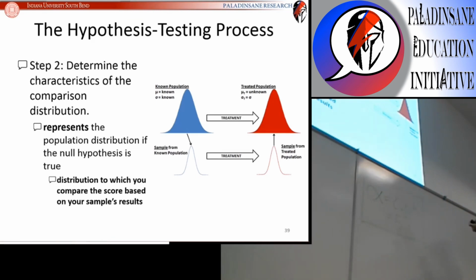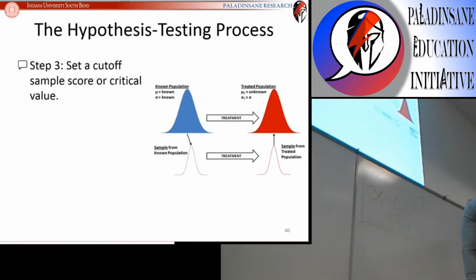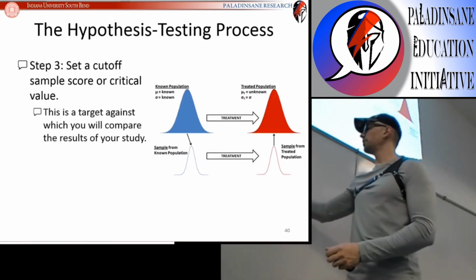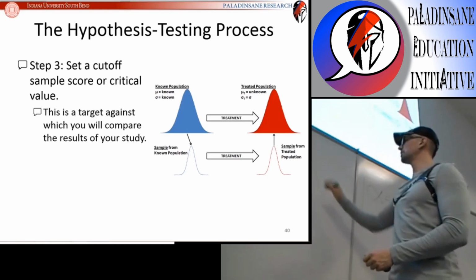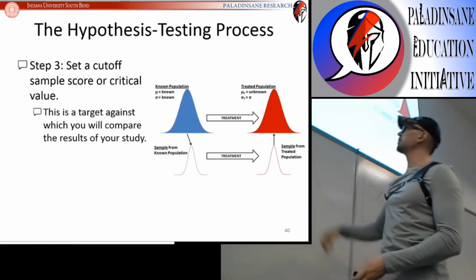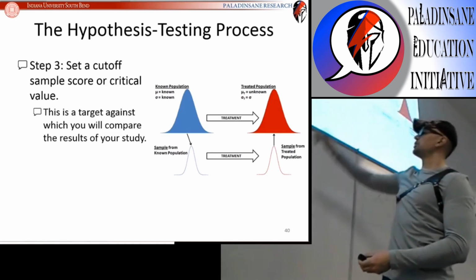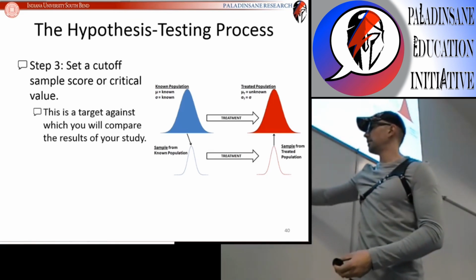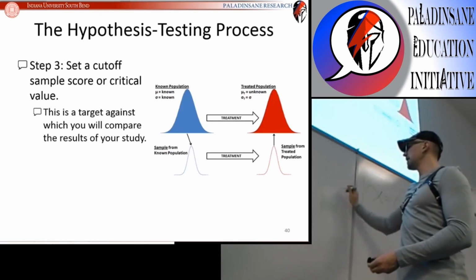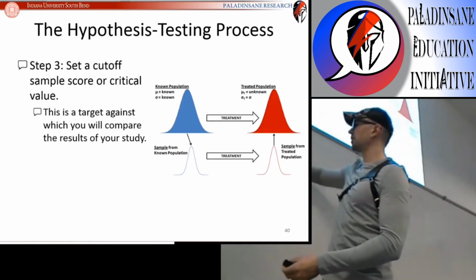So that's step 2. Step 3 is set a cutoff sample score or critical value. This is on your distribution of sample means, right? We have our normally distributed distribution of sample means that has a sample mean there. We're going to draw lines in the sand. And those lines in the sand are going to define these tails known as critical areas.